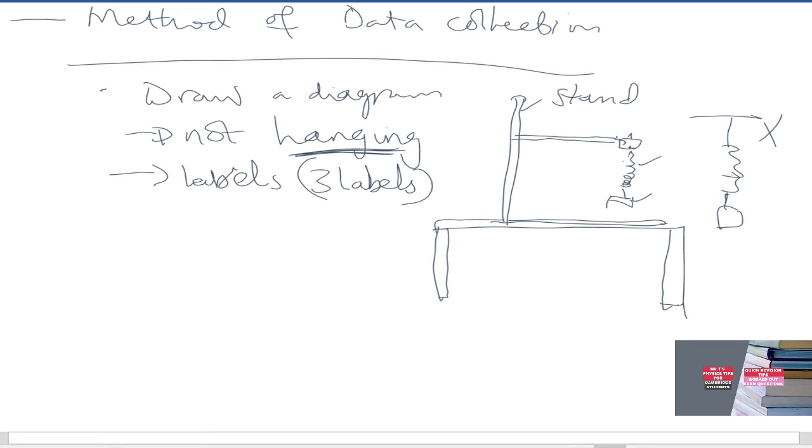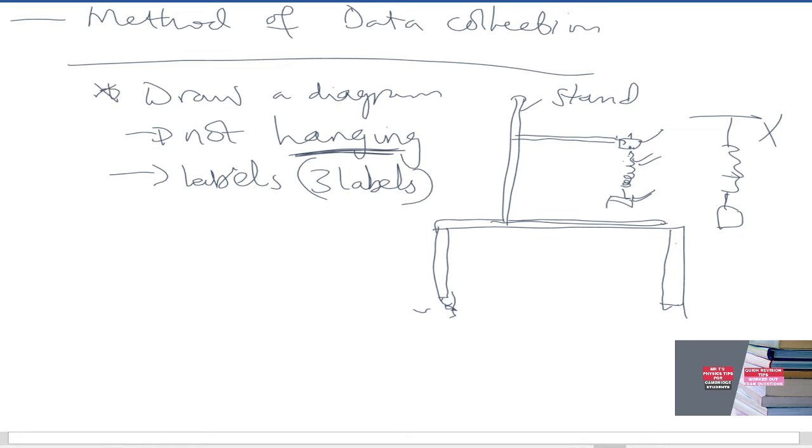Obvious items like the table may not need labelling. So the spring is very important, and then you can label the support, the mass, the stand, very important there. So I think that is that on the diagram.